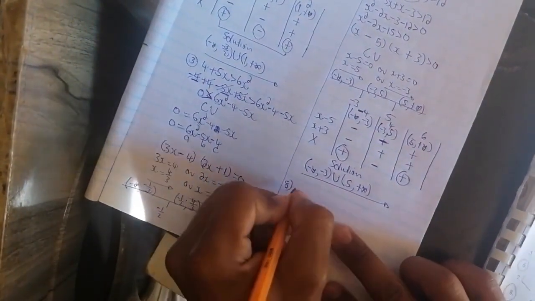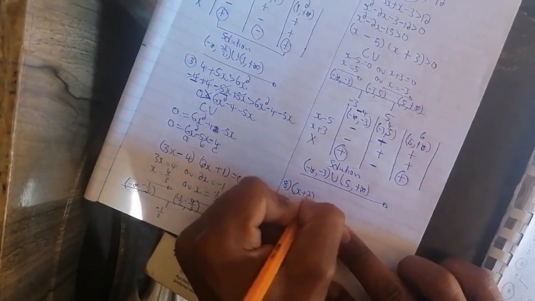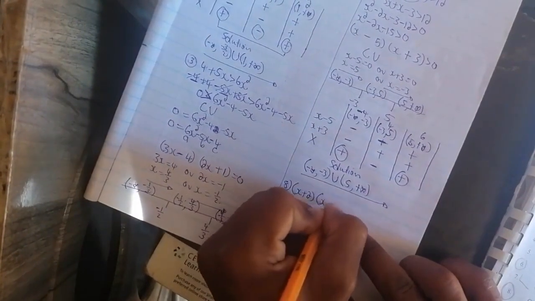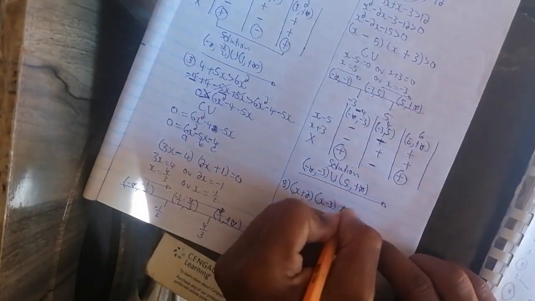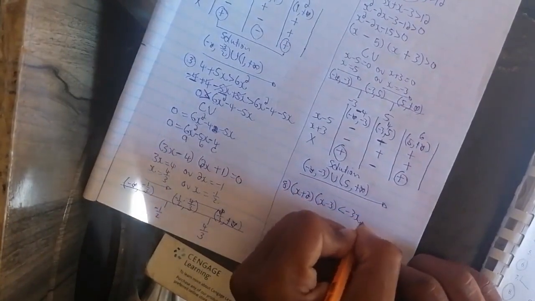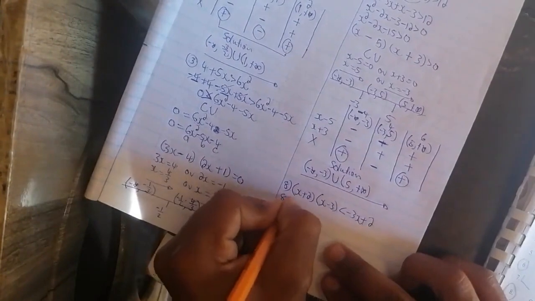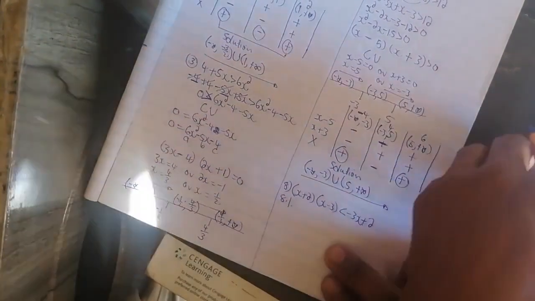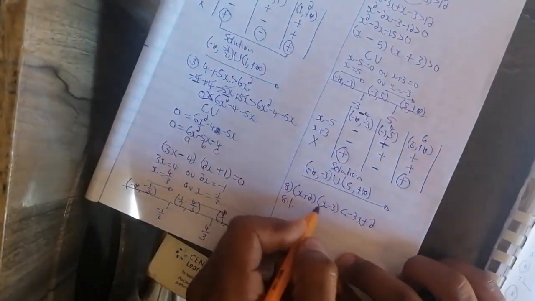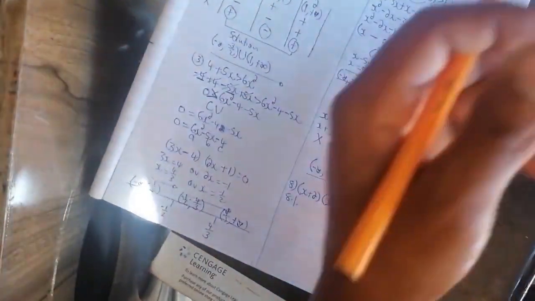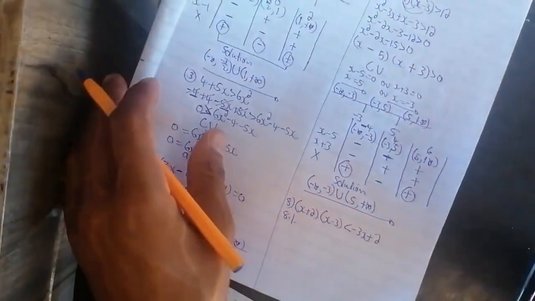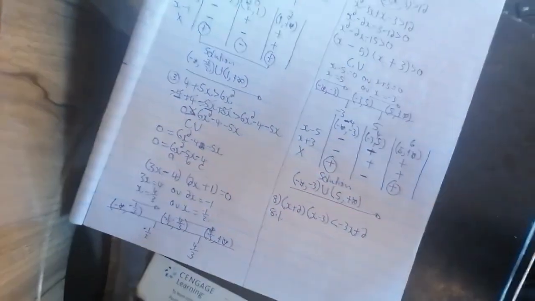Right, number 8, we have x plus 2, x minus 3, less than minus 3x plus 2. And they say in 8.1, solve for x if this is less than that. And we don't have a problem with this. That's exactly what we want to do.